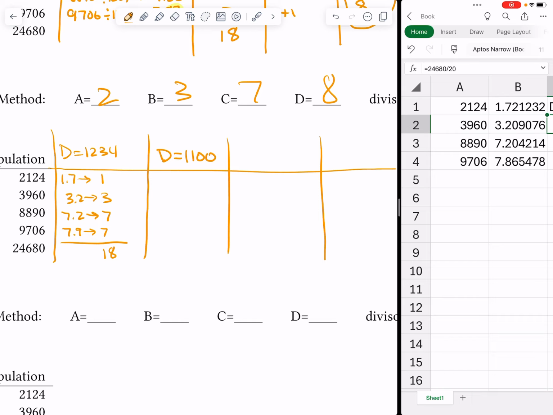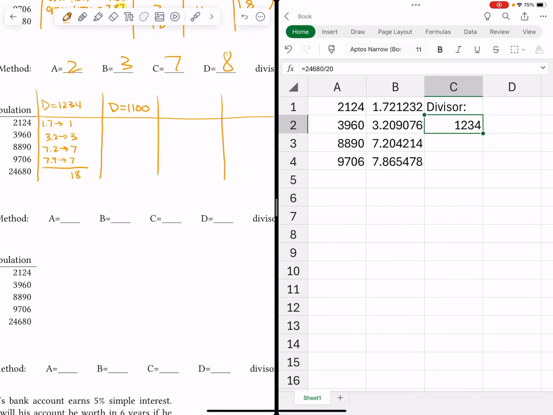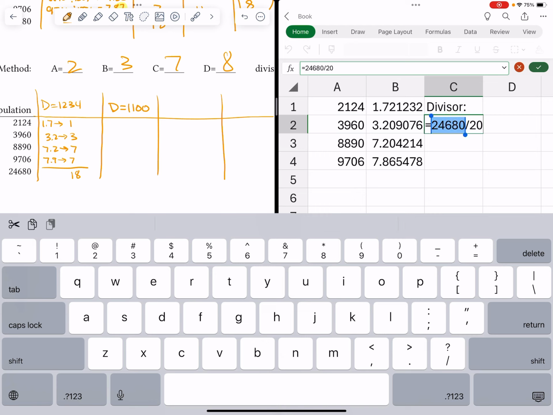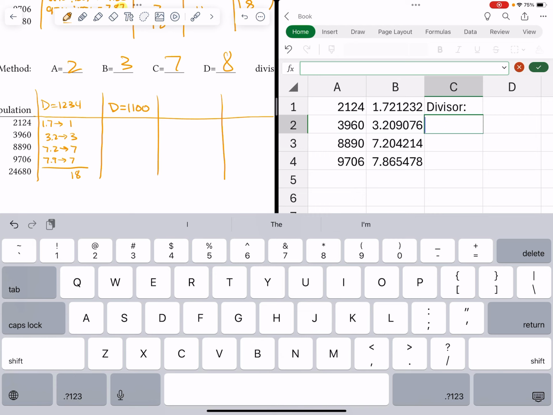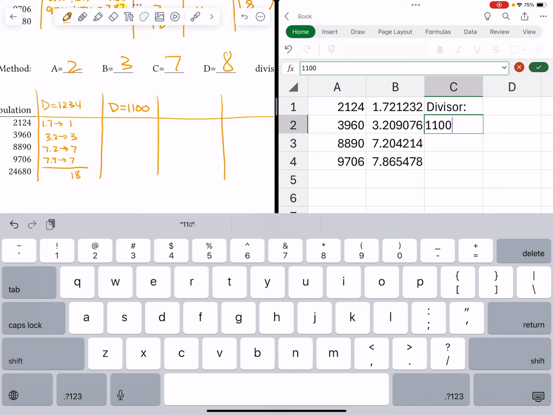Since there are too few, I'm going to try a smaller divisor. So let's try 1100. Let me just move my spreadsheet over, and notice that I've already got this set up so that I can do this quickly.